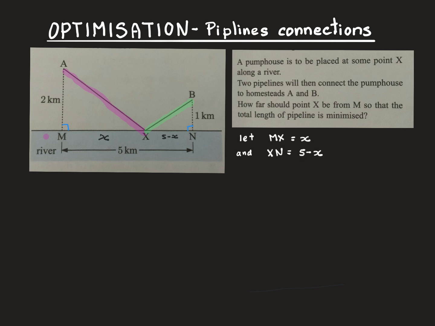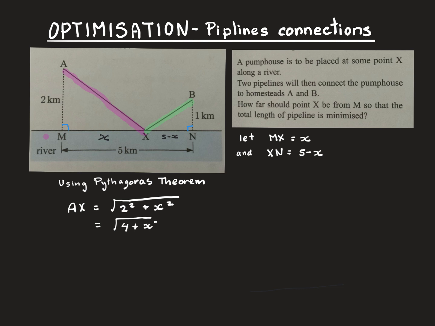Using Pythagoras' theorem, we just say that AX is the root of 2 squared plus x squared, which is just the root of 4 plus x squared.